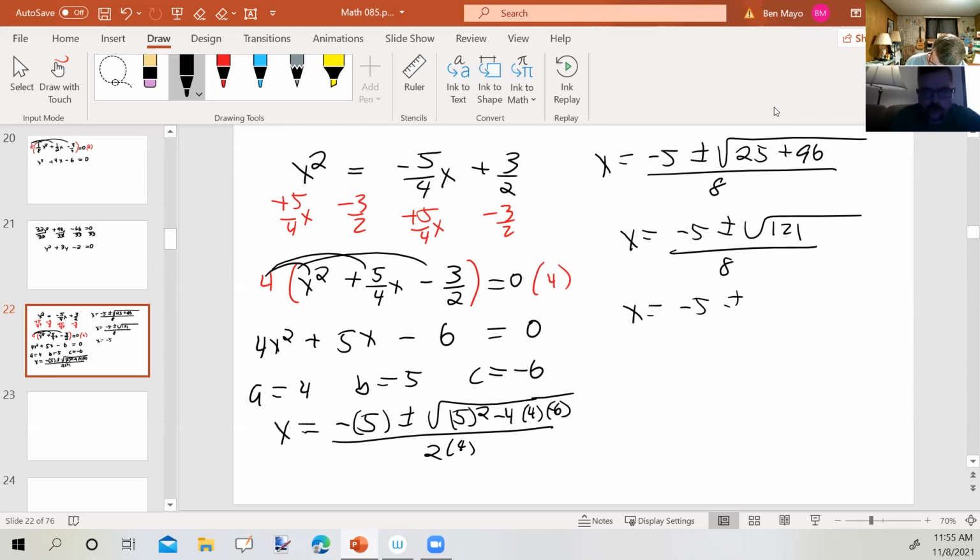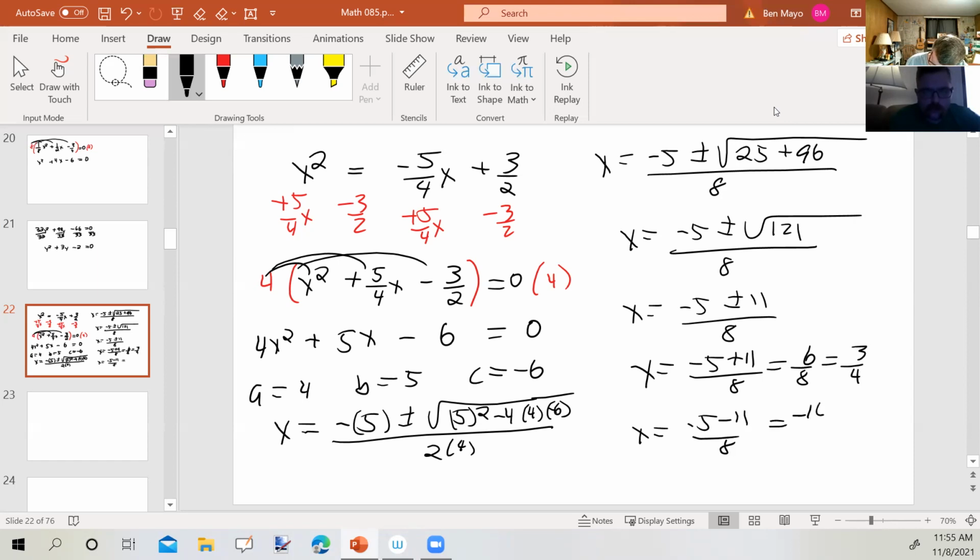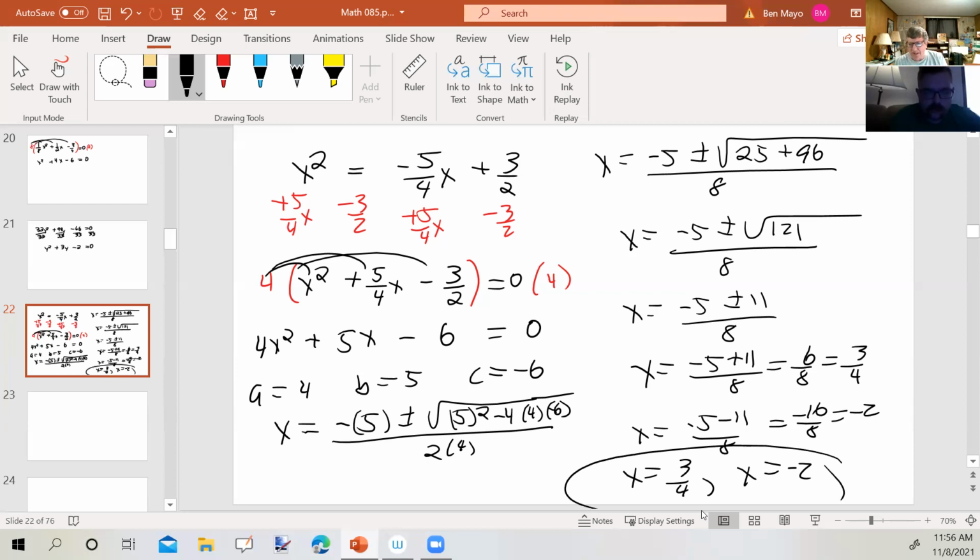The square root of 121 is 11, so we get plus or minus 11. X is negative 5 plus 11 over 8, which is 6 over 8, or 3/4. X is negative 5 minus 11 over 8, which is negative 16 over 8, which is negative 2. So X equals 3/4, X equals negative 2. And we don't need to use a decimal approximation because those are nice rational answers. Questions there? All right.